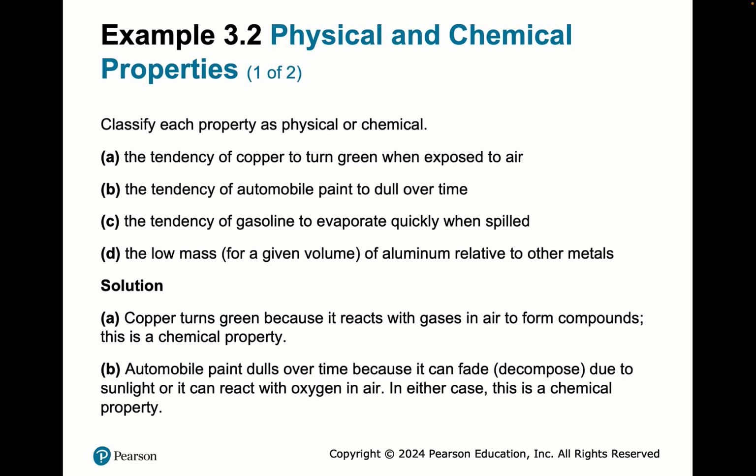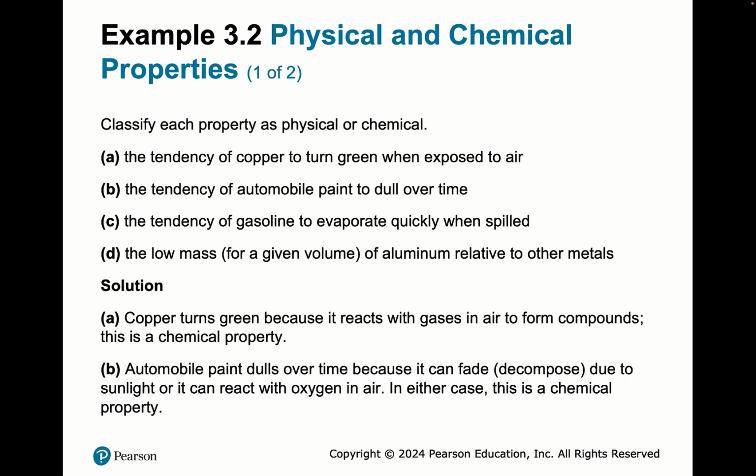But if there's some sort of chemical reaction going on, then that could be a chemical change. So this is a little ambiguous. We'll see what the answer says. It does decompose, so it decomposes due to the reaction with oxygen or sunlight. So it's a chemical property. I was just wondering, with the paint being dull, it could be from rubbing, for instance, and then you could argue it's a physical change.